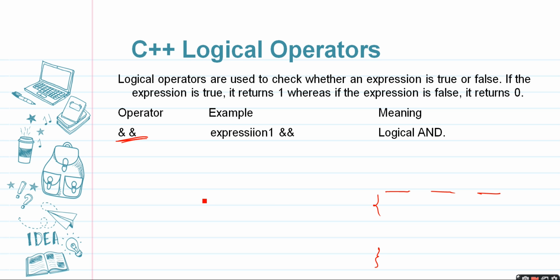If this kind of situation arises, we use the AND operator. If all 3 conditions are true, it returns 1, and only then will I go inside the restaurant. So it is also termed the logical AND operator.